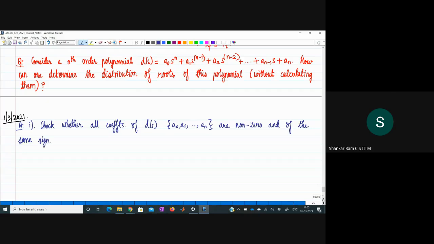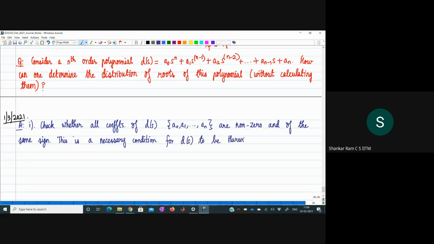So that is the first check. This is a necessary condition, but it's not sufficient. I will explain what the difference is. This is a necessary condition for the polynomial D of s to be Hurwitz.